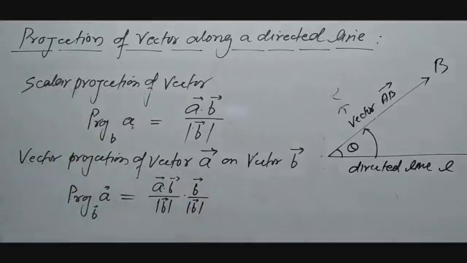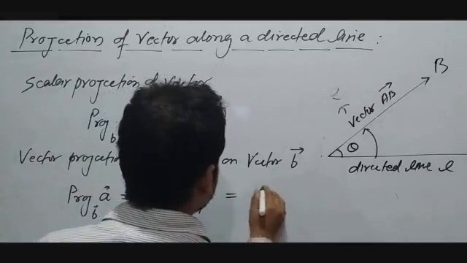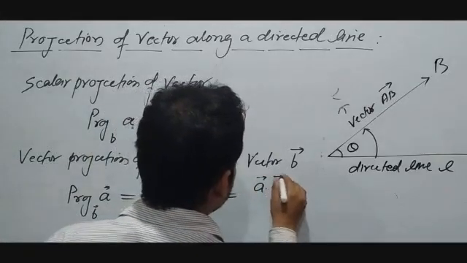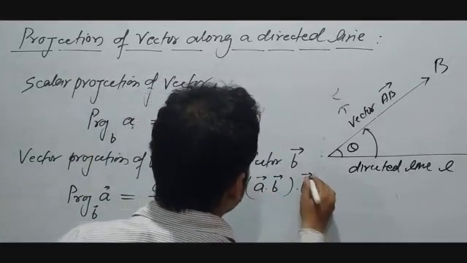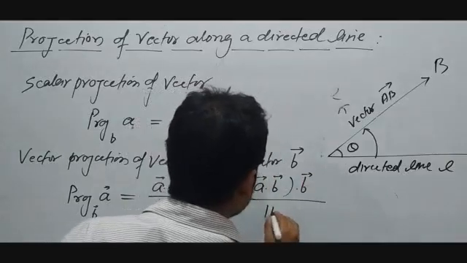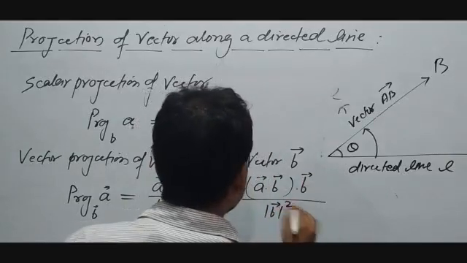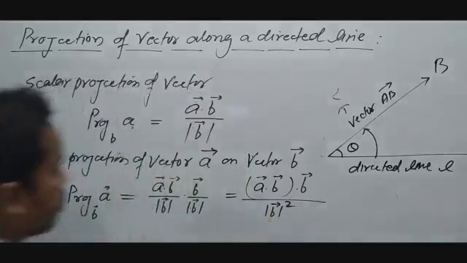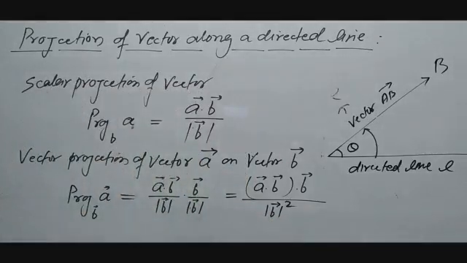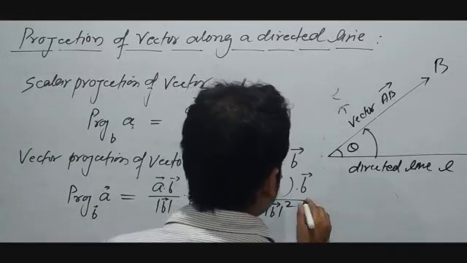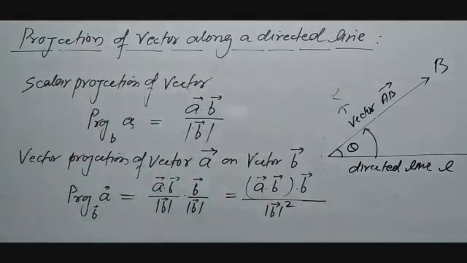So what will be the result? The result will be vector A dot vector B times vector B whole upon mod of vector B whole squared. Now this is the vector projection of vector A on vector B.